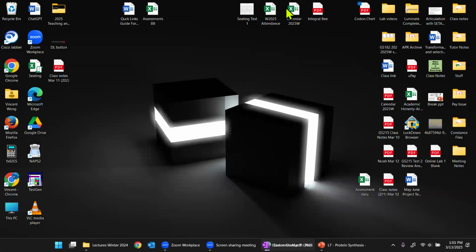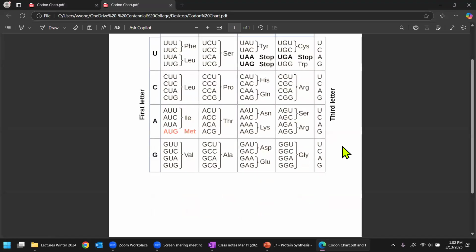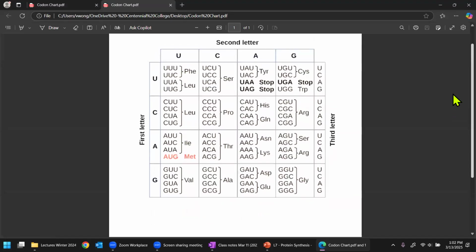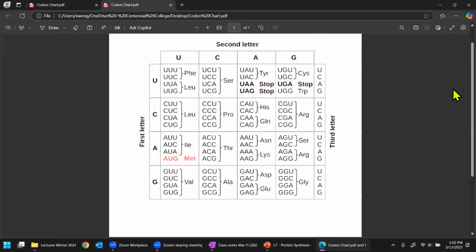Just like you won't have to memorize the periodic table, right? Now, having said that, even though you always have the codon chart with you, it would make it easier for you if you remember a few of the codes.